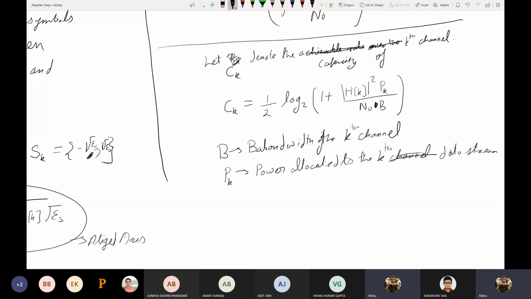Sir, shouldn't there be the B outside the log? Okay.